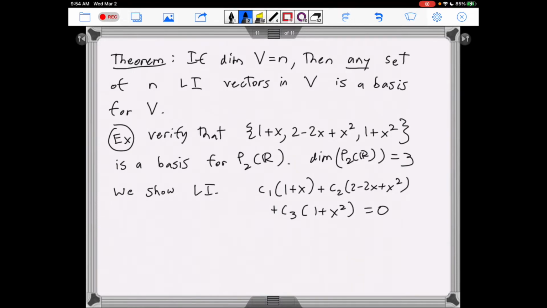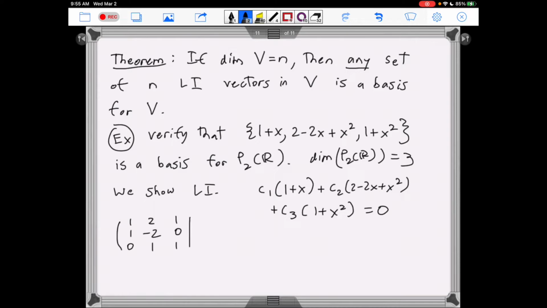And we're going to set it equal to 0. What we want to do is figure out where this is true. And so we know that this is going to turn into a 3 by 3 system: 1, 1, 0, 2, negative 2, 1, and 1, 0, 1.